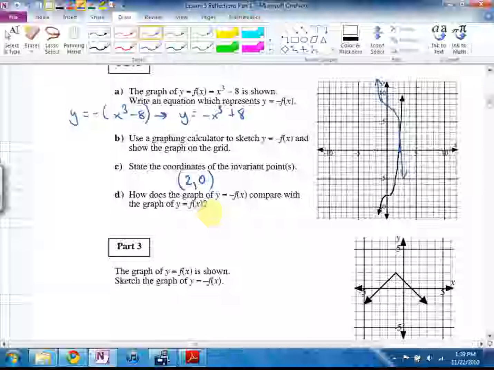It's a vertical reflection about the x-axis.